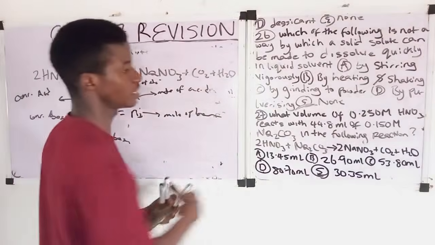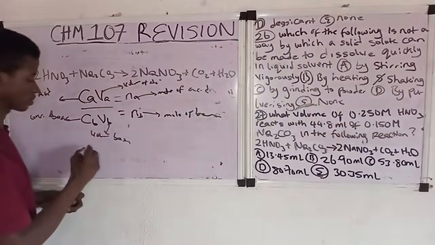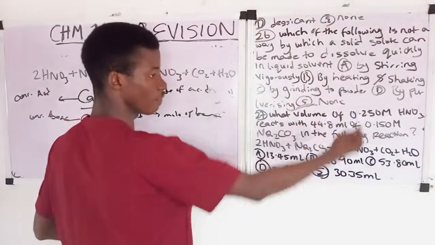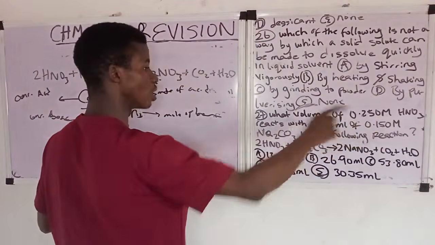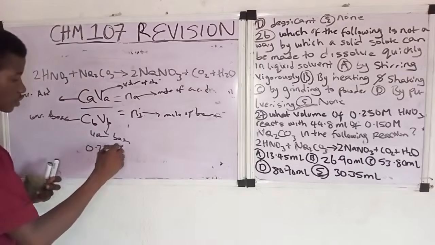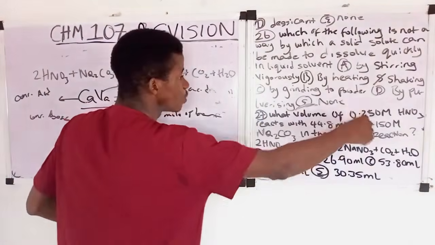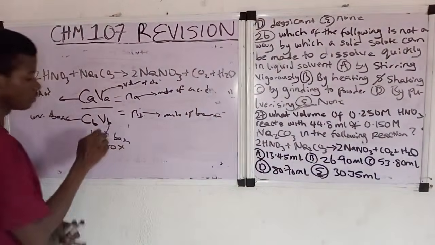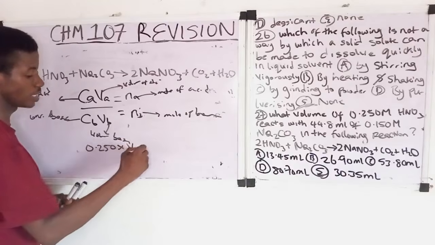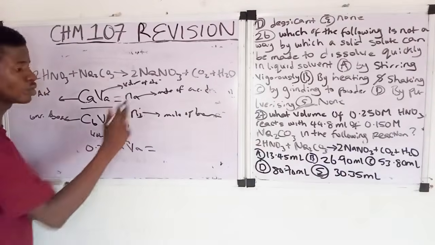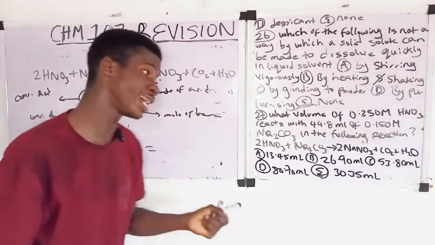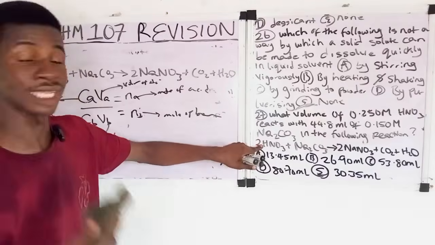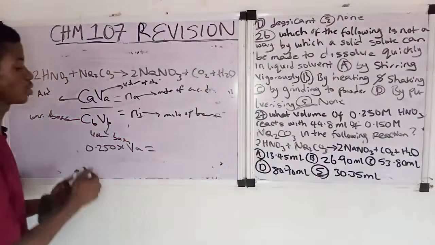What is the concentration of the acid? 0.25. So 0.25 times, we are looking for the volume, which is Va, we don't know, equals the mole of the acid. From the balanced equation, how many moles does the acid have? It is 2, so put 2 here.